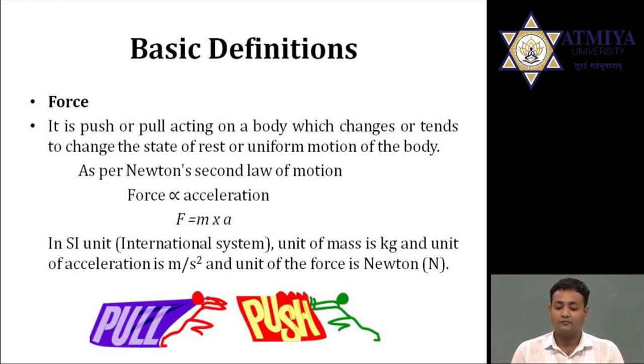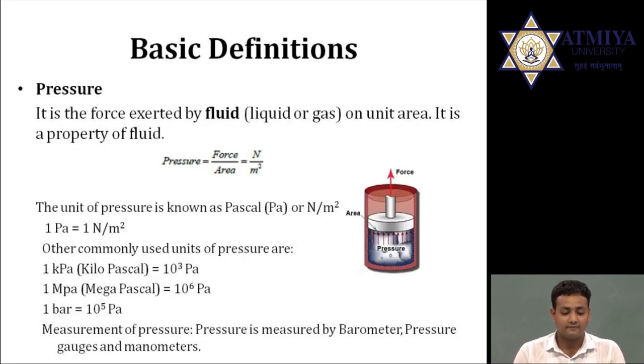The unit of force is Newton. Again, m stands for mass and its unit is kg. A stands for acceleration and its unit is meter per second square. So jointly, F = m × a, or force is equal to kg meter per second square, which is also known as Newton. The unit of force is Newton.